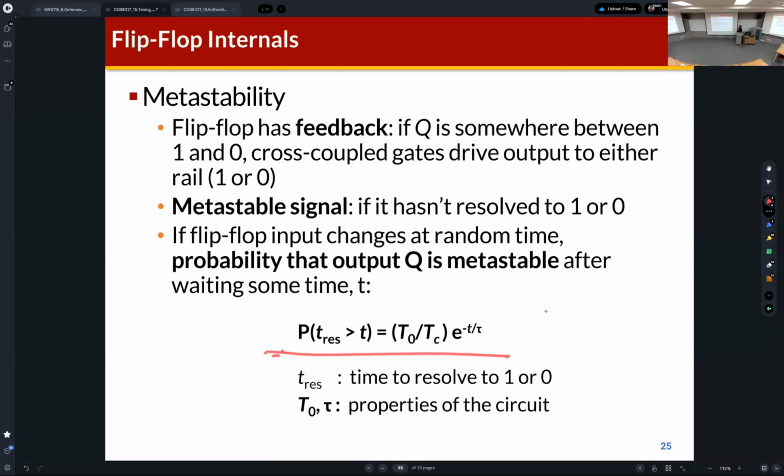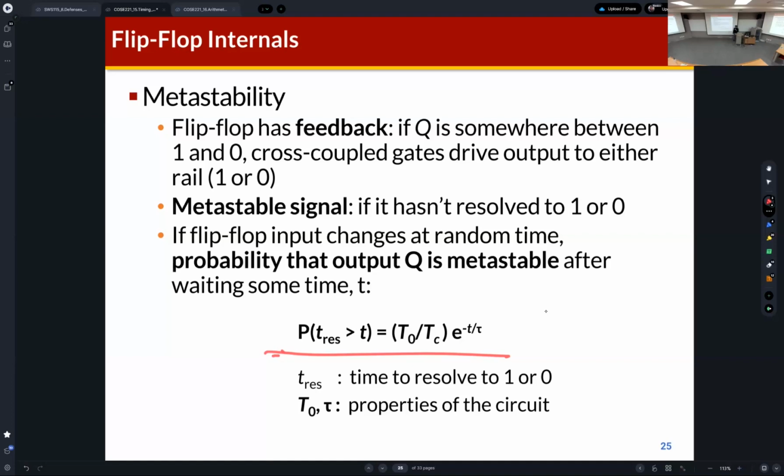So this probability function represents the probability that output Q is metastable. That is a probability. It's just a probability function, so we can define the probability of metastability like this.